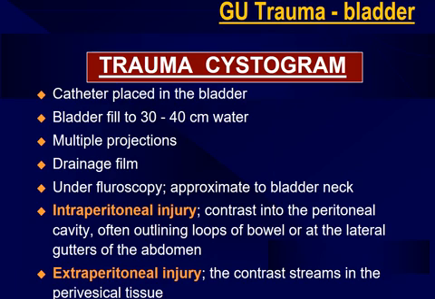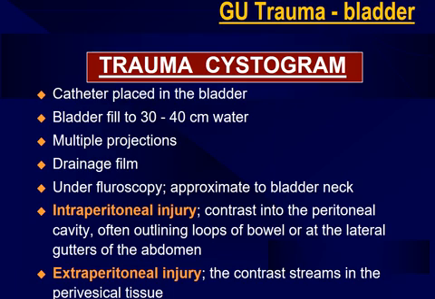A catheter is placed in the urinary bladder by a urologist, and the bladder is filled to 30 or 40 centimeters of water with contrast, and we will ask the radiologist to give us multiple projections, which means from different sides: posterior anterior film, lateral film, oblique film, to find out the degree and extent of any extravasation. And at the end, we should drain whatever is inside the bladder by opening the catheter and have a drainage film.